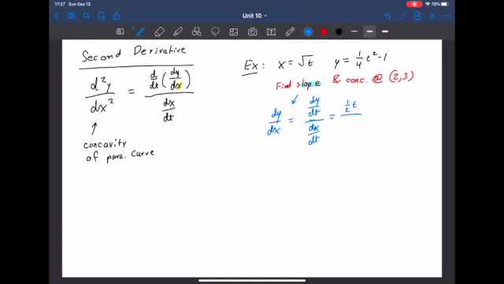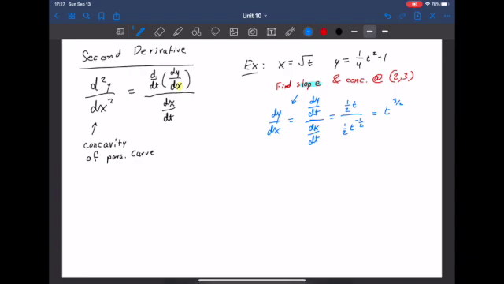And on the bottom, I'd have 1/2 t to the negative 1/2. So the 1/2s will cancel. And if you subtract the powers, you should get t to the 3/2. Please be very careful. You do want to have this simplified because we are going to take its derivative again.